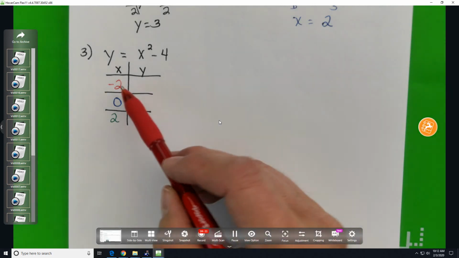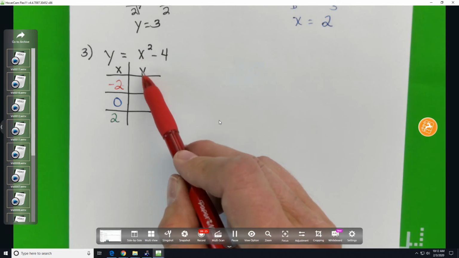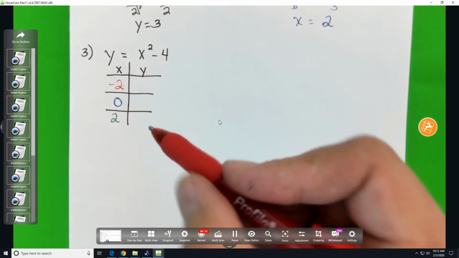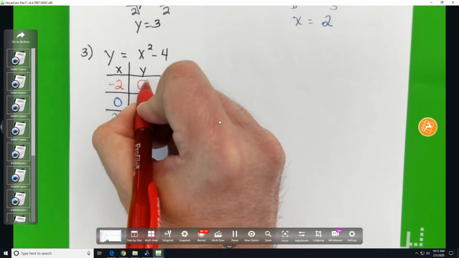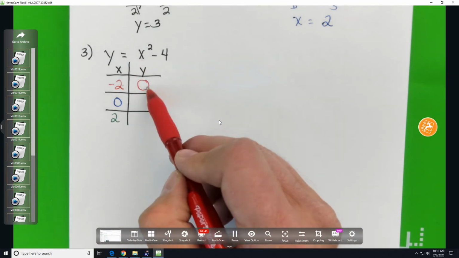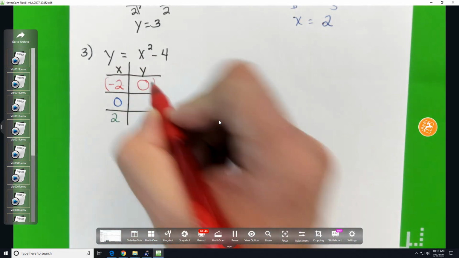If we plug a -2 in for x, we're trying to find y. -2 times -2 is 4. Minus 4, what number am I going to put right here? 0. Okay? -2 times -2 is 4, minus 4 is 0. There's my first ordered pair.